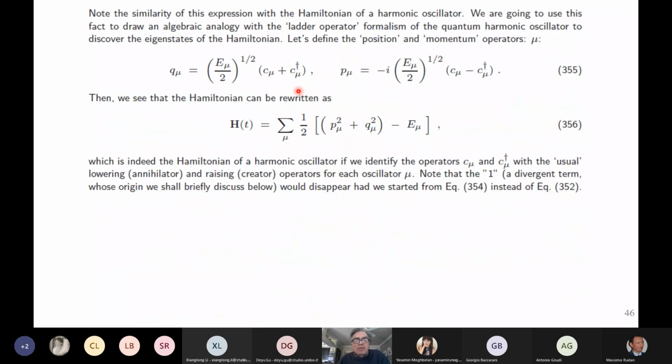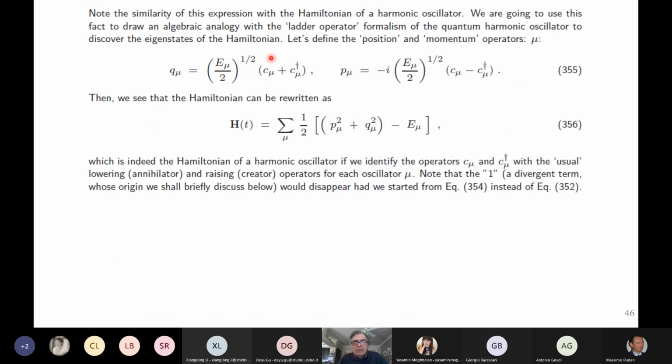We can view this in a different way. If I define the variables q sub mu and p sub mu, this is sort of a generalized canonical coordinate of harmonic oscillator mu, and this is the canonically conjugate momentum p to the state mu.